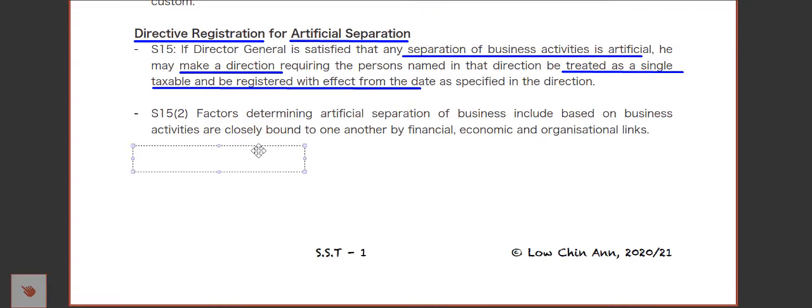Now, for example, I put a name. Let's say Mr. Lee operates a factory. He's a sole prop. He operates a factory.